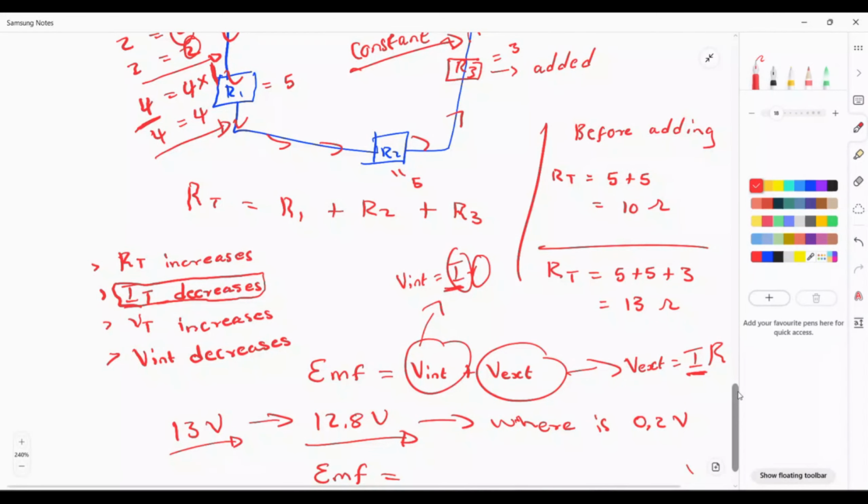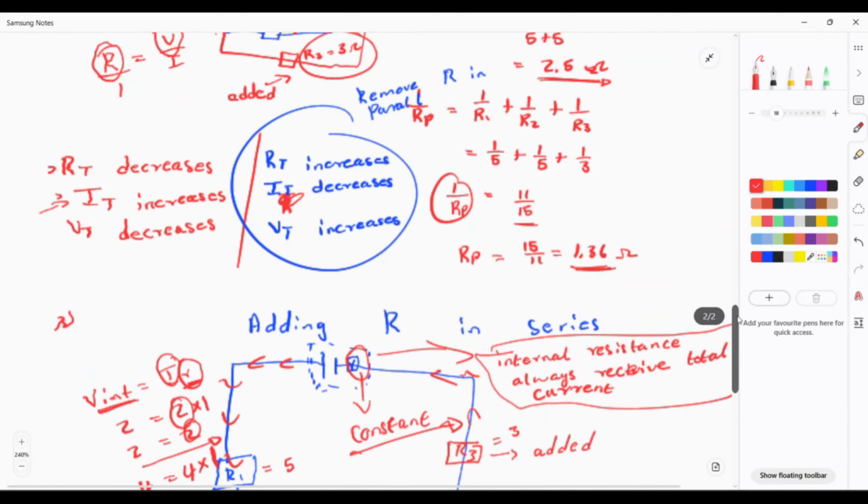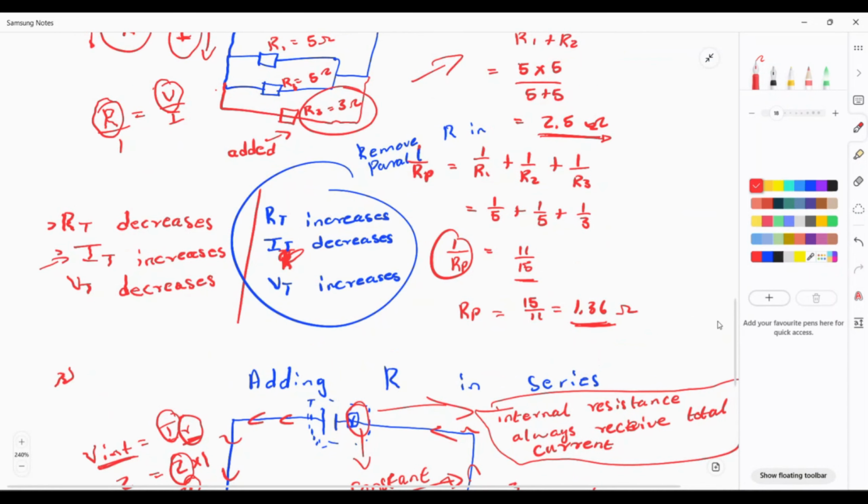If you ever go in an exam or a test or when you're practicing and you find that current and internal voltage are inversely proportional to each other, come to talk to me. I'll give you a very good award, because that's what I have ever seen across my whole life in matric and even this year. So here V int increases, and here V int decreases.